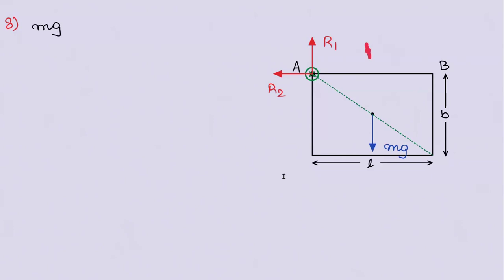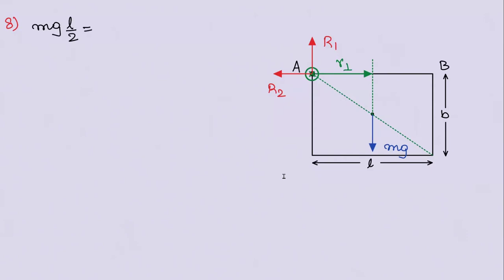Extend the line of force, dotted line, and take the perpendicular distance. This is R perpendicular, okay? So what is the perpendicular distance? L by 2, right? So no need to discuss. Directly I can write L by 2.